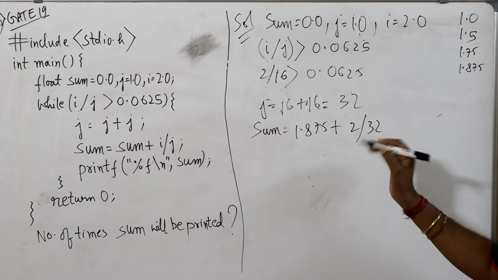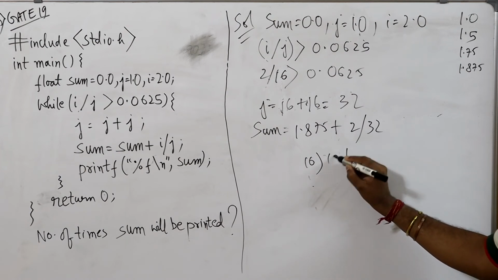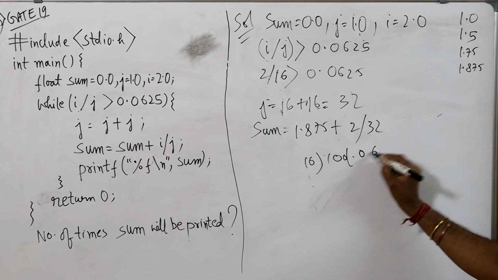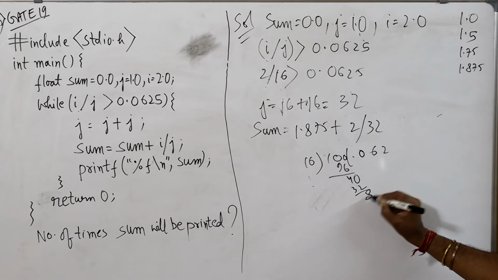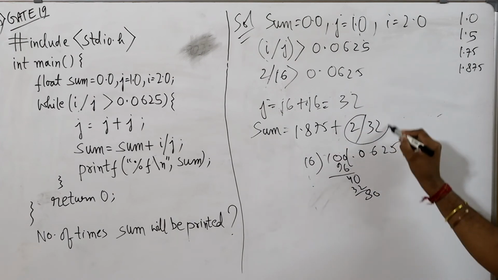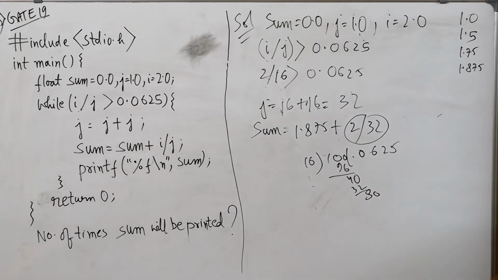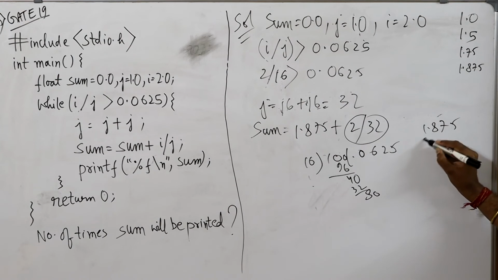So what is 2 by 32? 1 by 16. So just calculate 1 by 16. The value of this part is 0.0625. So just add 1.875 with it. Fine. So 1.875 plus 0.0625.